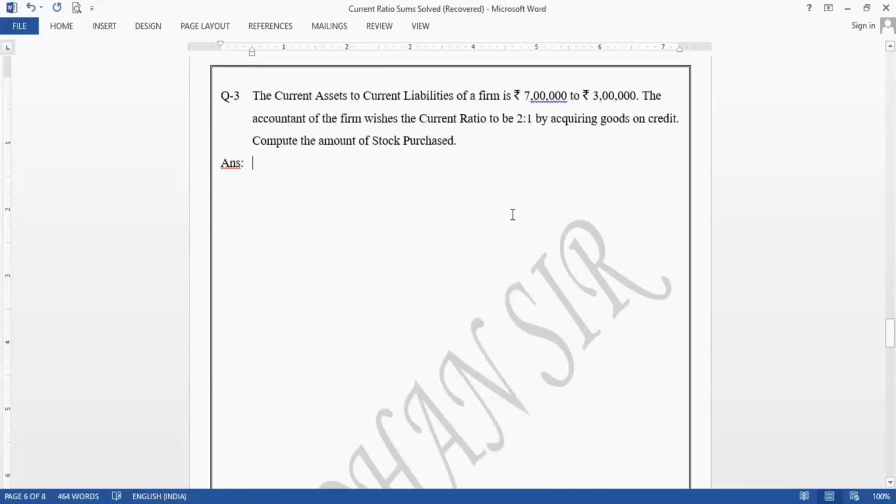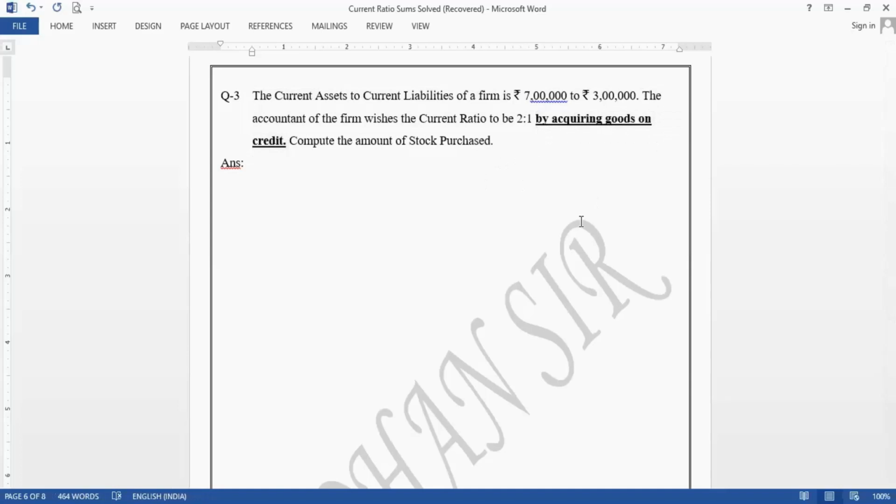Let us now go through the next sum. The sum says the current assets to current liabilities of a firm is 7 lakh to rupees 3 lakh. The accountant of the firm wishes the current ratio to be 2:1 by acquiring goods on credit, right? So this is the transaction. By acquiring goods on credit, compute the amount of stock purchased.